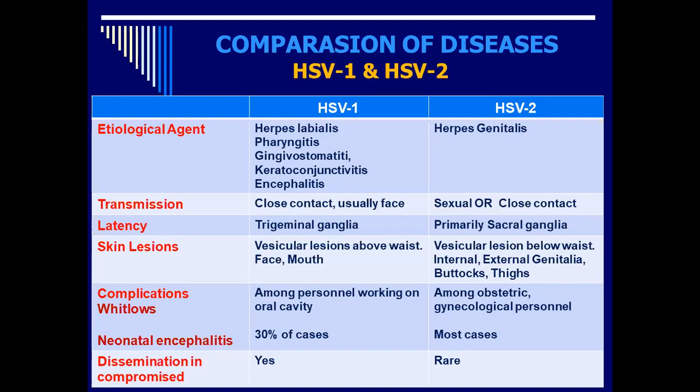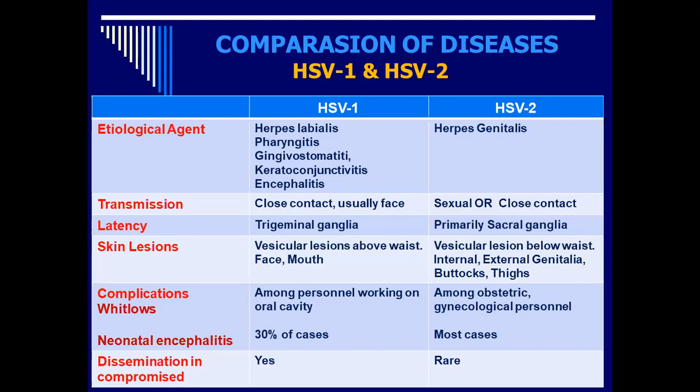So in both cases, these complications are seen with HSV1 and HSV2, concerning those individuals who are working with the oral cavity or with gynecological and obstetrical procedures. Encephalitis in children is more common with HSV2 infections compared to HSV1 infection. The disseminated infection in immunocompromised individuals can occur with HSV1, but it has been rarely reported with HSV2. So forget about the disseminated infection because it is always common with HSV1, rarely with HSV2.